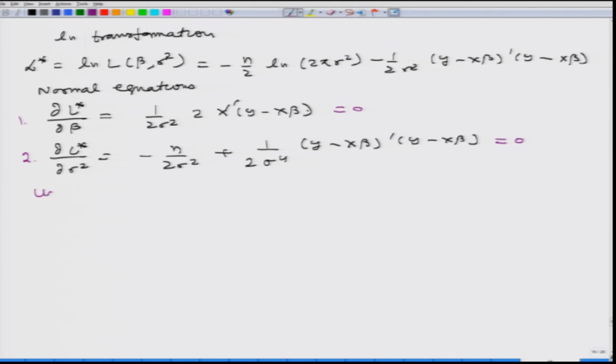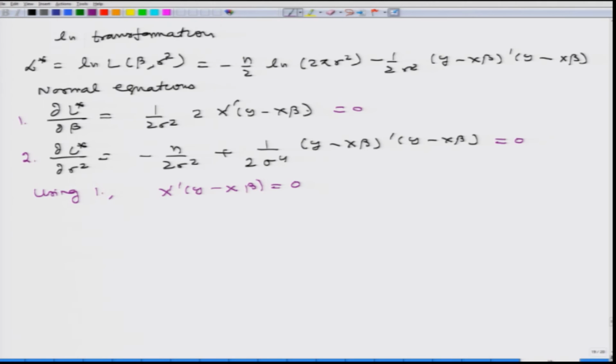First, we use equation number 1. We obtain that X transpose (y minus X beta) is equal to a null vector.